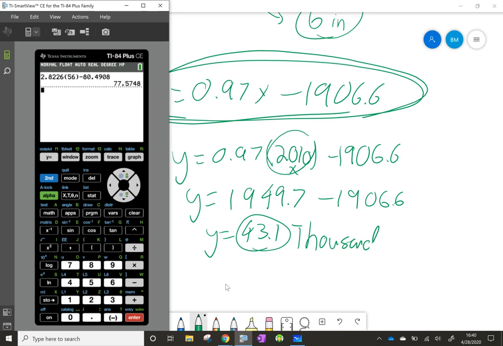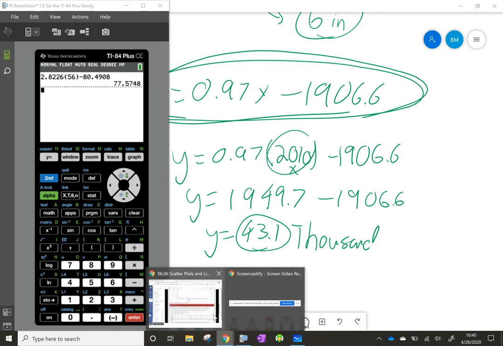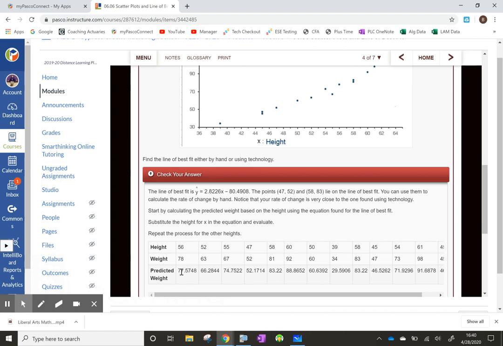And it gets us 77.57. So that's where they're getting the value here, 77.57, because they're taking this x value and plugging it into their model, their equation, to see what the y value is. The predicted weight should be very close to the real weight, but sometimes it's going to be a little bit off. Like this one was a little bit less than the actual weight of 78.